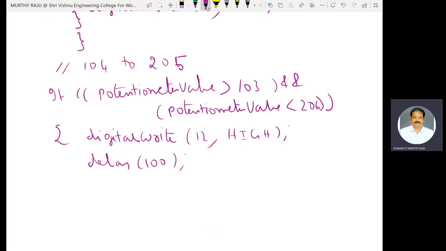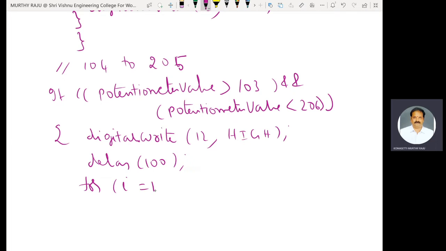Next, from 11 to 4, that means the third LED to the 10th LED, from the 11th pin to the 4th pin, the LEDs are in off condition.